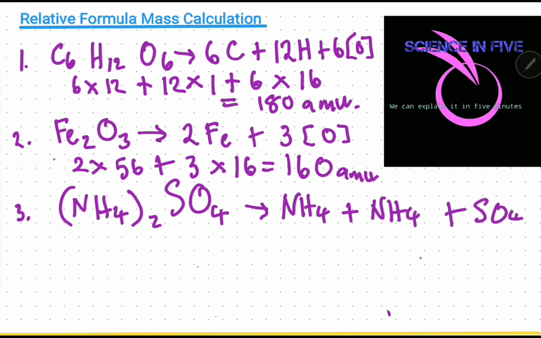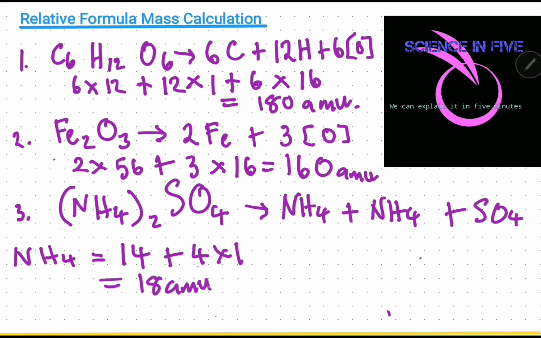So I will need to work out the mass of one NH4, right? It's 14 for nitrogen plus there are 4 hydrogens. So this becomes 14 plus 4. This is 18 AMU, right?